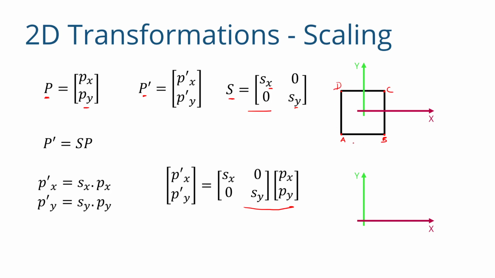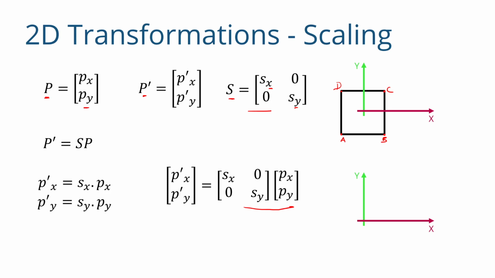The unit square might have 4 vertices A, B, C, D. Then you apply the same scaling transform to all the 4 vertices, and you get A prime, B prime, C prime, D prime as the transformed shape. Okay, so please remember this, that whenever you are transforming a shape with a transformation, and this applies to all transformations, you apply the same transformation to all vertices.